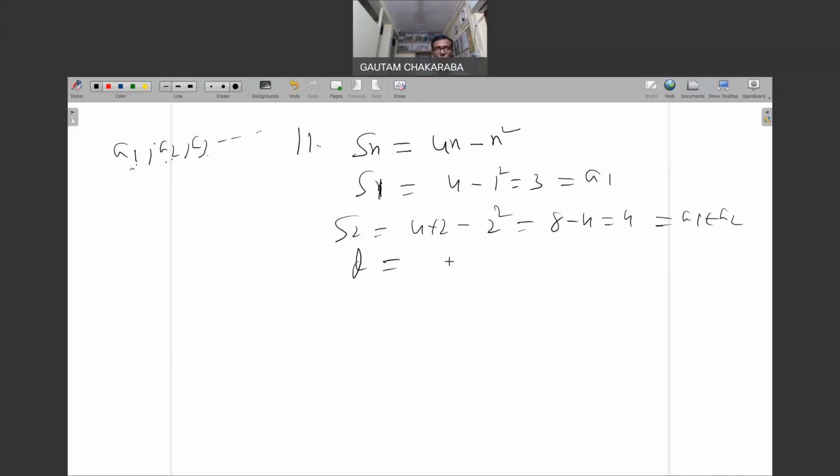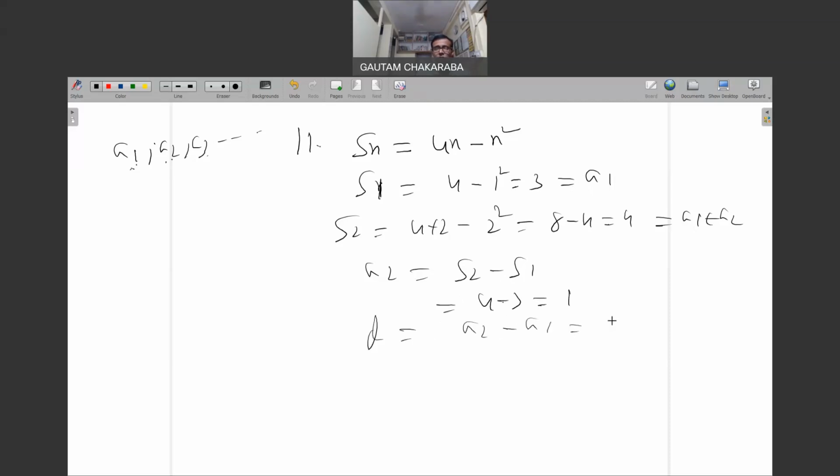Now find the second term. The second term is S2 minus S1, so 4 minus 3 is 1. So A2 is 1.